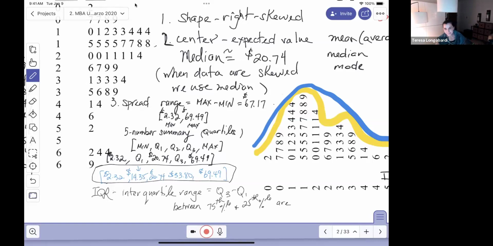Anybody know? What percentage of observations between?